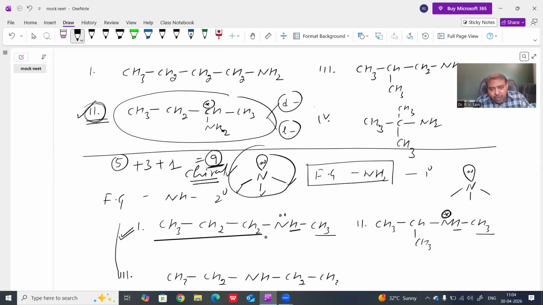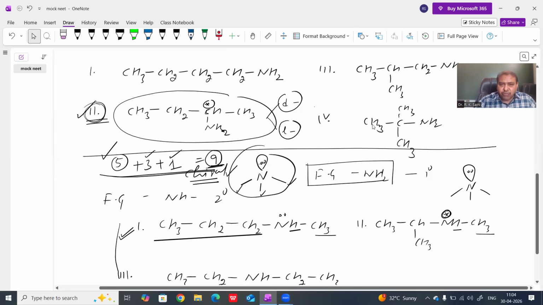It means they cannot be separated, or we can say we consider only one isomer. Therefore, total 9 isomers are there: 5 primary, 3 secondary, and 1 tertiary. Okay? And this is the question from isomerism.